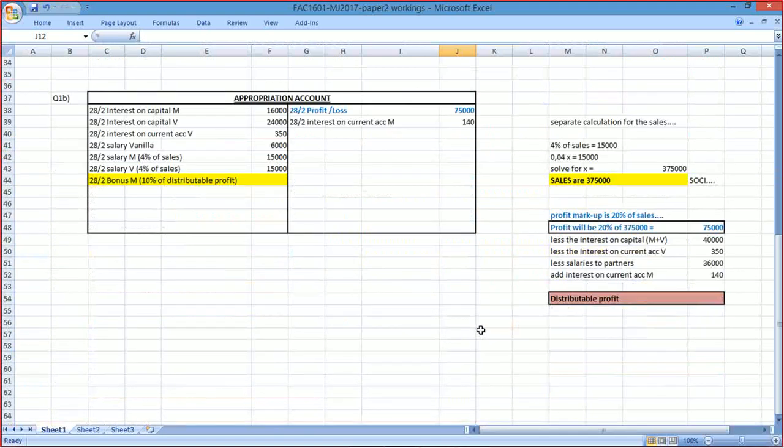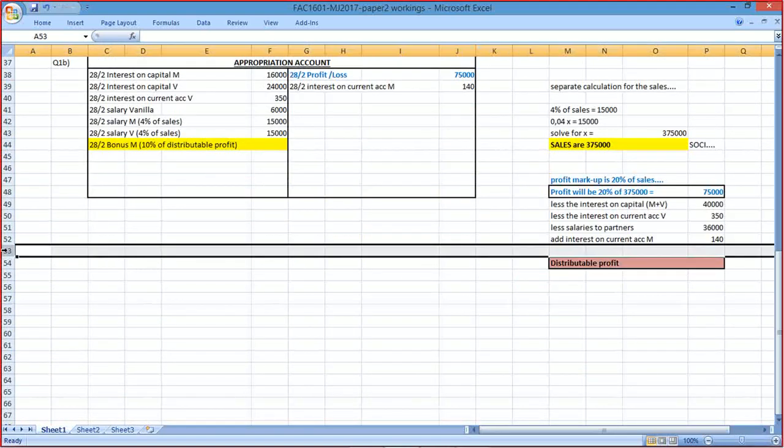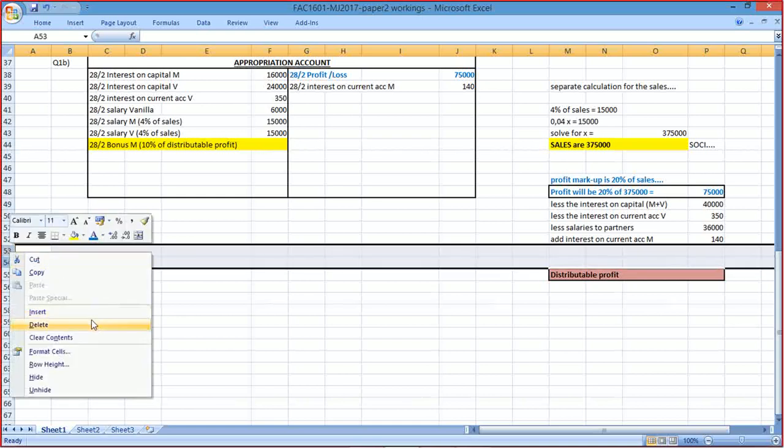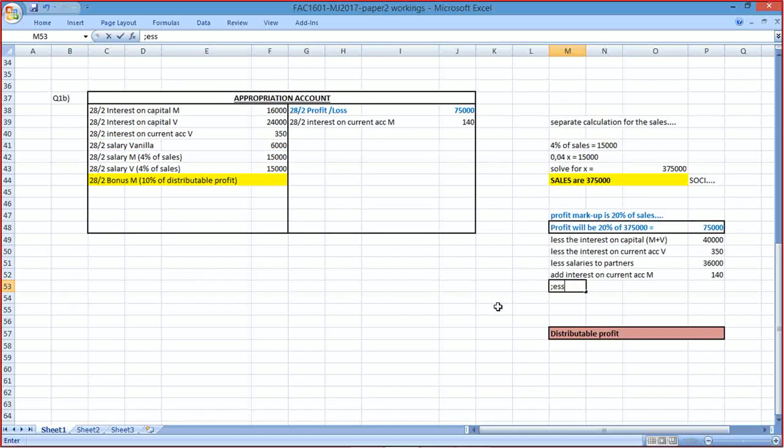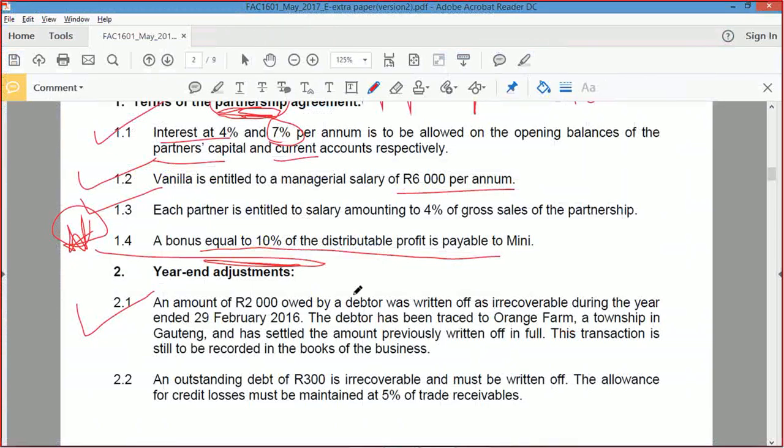If it's a year-end adjustment and you haven't recorded it, it needs to affect your profit. So down here at the bottom, add credit losses recovered, 2,000.